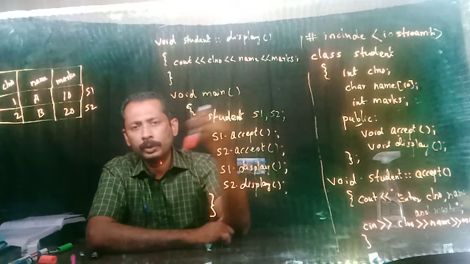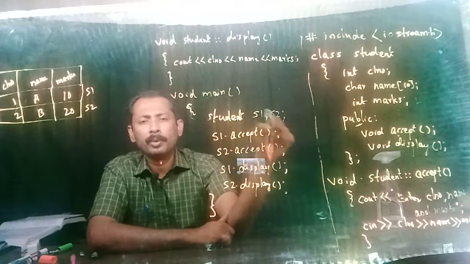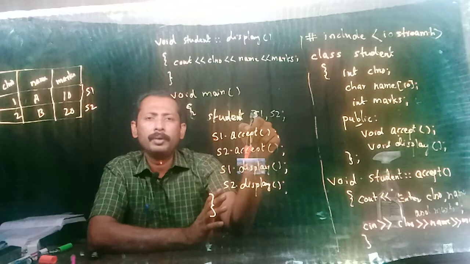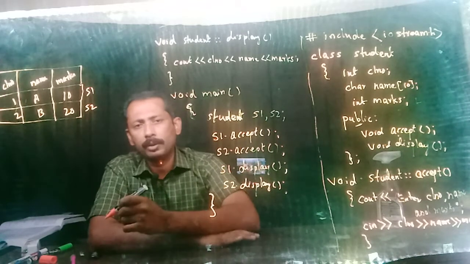That person will go to the corresponding bench of this Arun, get the bag, book and lunchbox, and hand it over to the public or to the person standing outside.